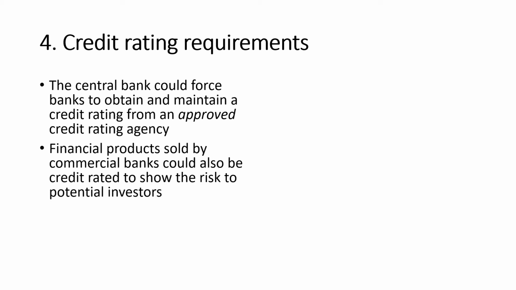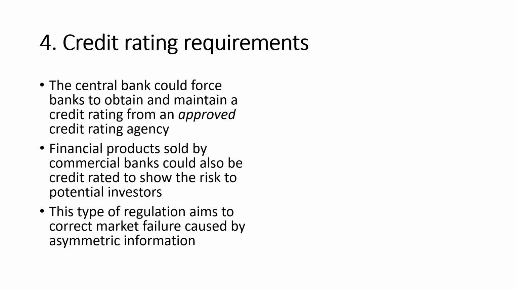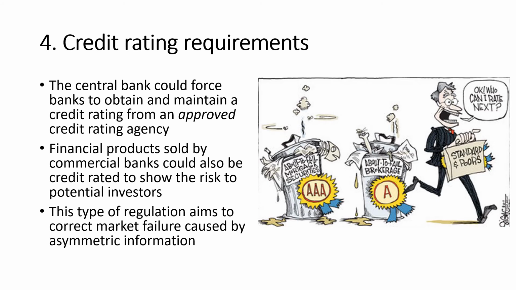Financial products sold by commercial banks could also be credit rated to show the risk to potential buyers of those financial products. This type of regulation aims to correct market failure caused by an information asymmetry between the seller of the financial product and the buyers.